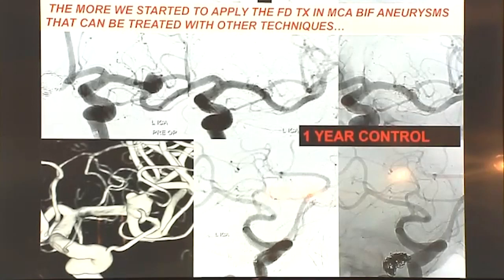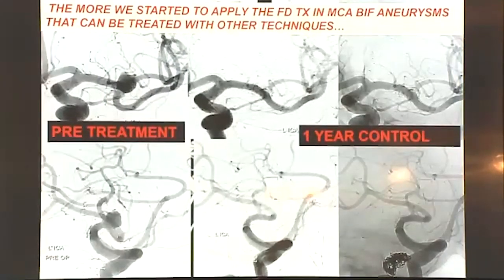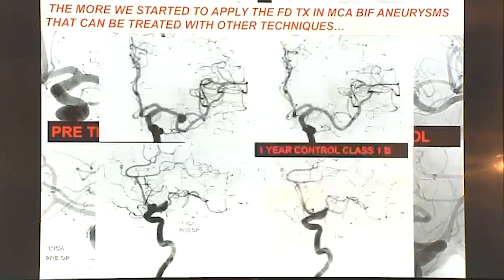So why take any risk to put 2 stents, do Y stenting plus coiling? So anyhow, this is our history with MCA bifurcations.